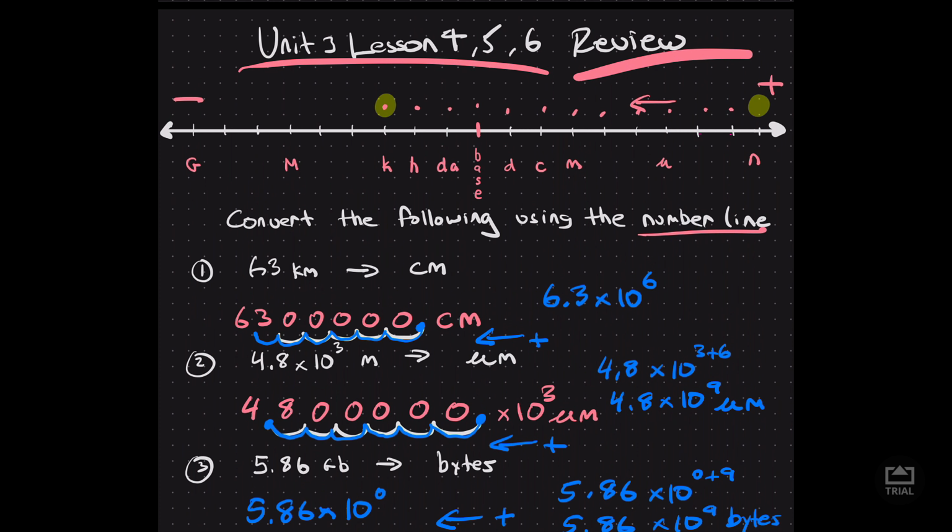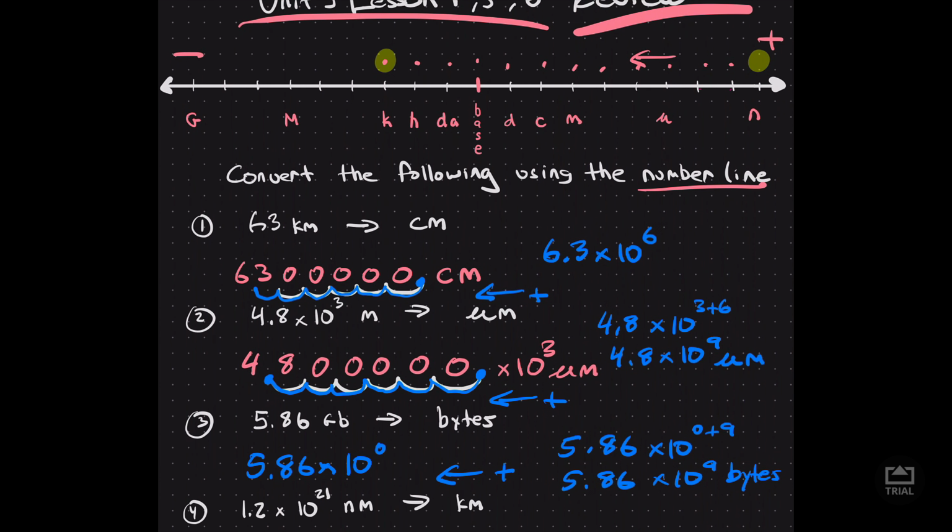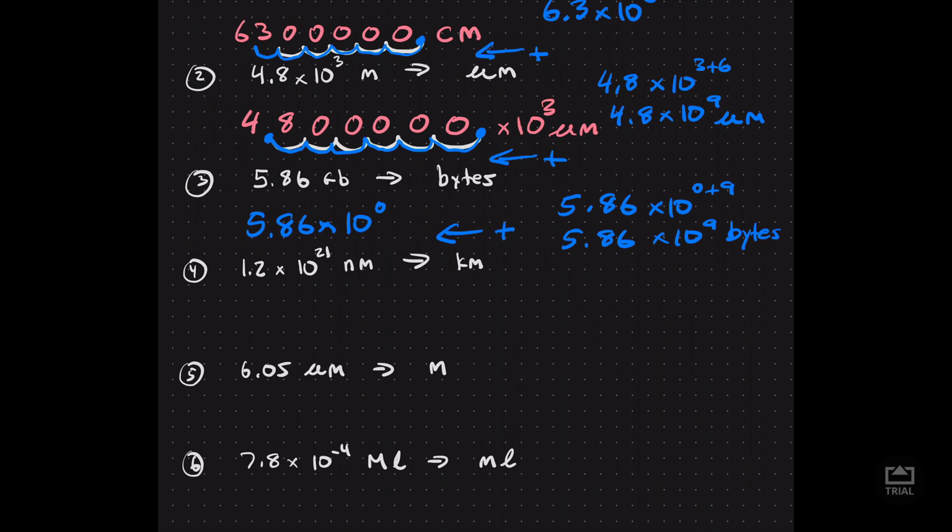So basically what we're going to do is subtract the number of jumps, which is 12, from the exponent there. So we have 1.2 times 10 to the 21, and we're going to subtract 12 from that. So we're going to end up with 1.2 times 10 to the 9, and the new units that we have are kilometers.